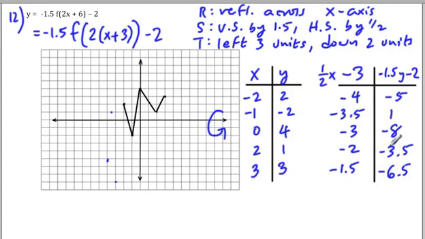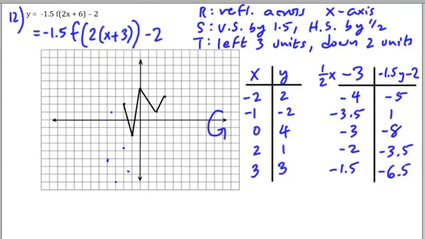Okay. Negative 2, negative 3.5, and negative 1.5, negative 6.5, would be somewhere right there.